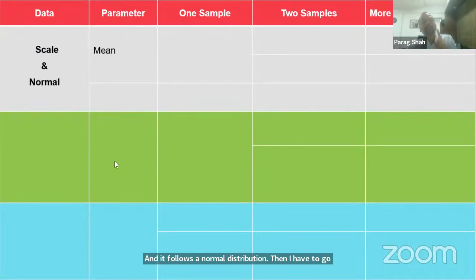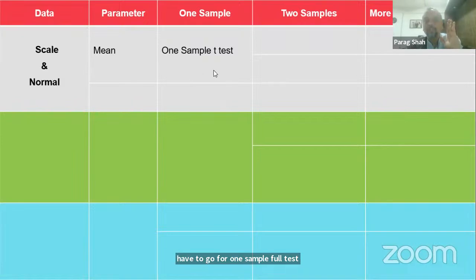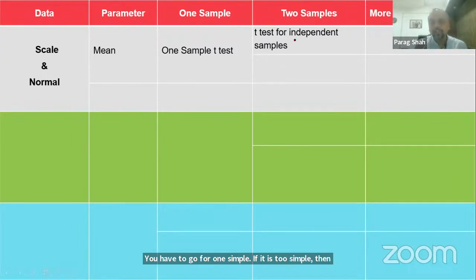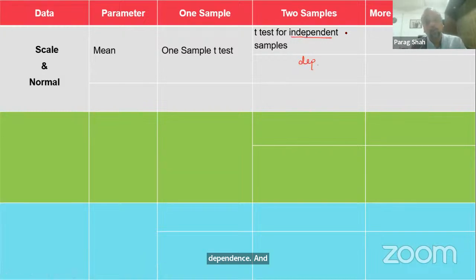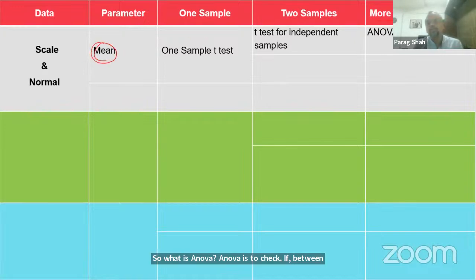Now if it is only one sample, then you have to go for one sample t-test. If it is two samples, then there are two options: either the samples are independent or the samples are dependent. And if it is more than two samples and we want to compare the means, then we'll have to go for ANOVA. ANOVA is to check the difference between the means of more than two samples.